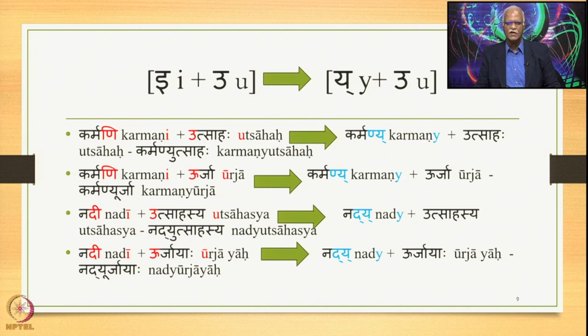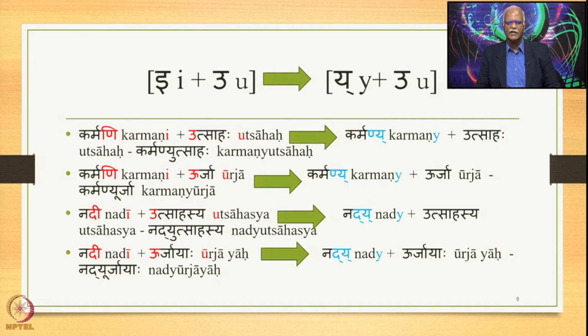So those examples are not taken here. Now we have Karmani plus Utsahaha, and in this case E is immediately followed by U, and therefore E becomes Y, and so we have Karmanya Utsahaha, and we get the form Karmanyutsahaha.